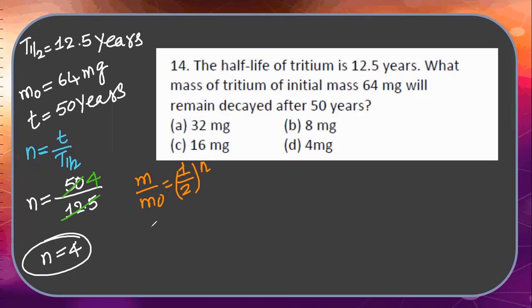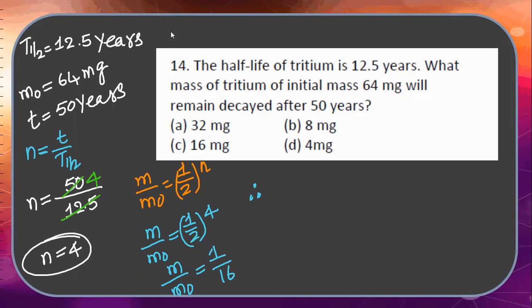M naught is taken as 64 mg. So M divided by M naught is equal to 1 by 2 whole power n, where n is 4. That will be M divided by M naught is equal to 1 by 16.